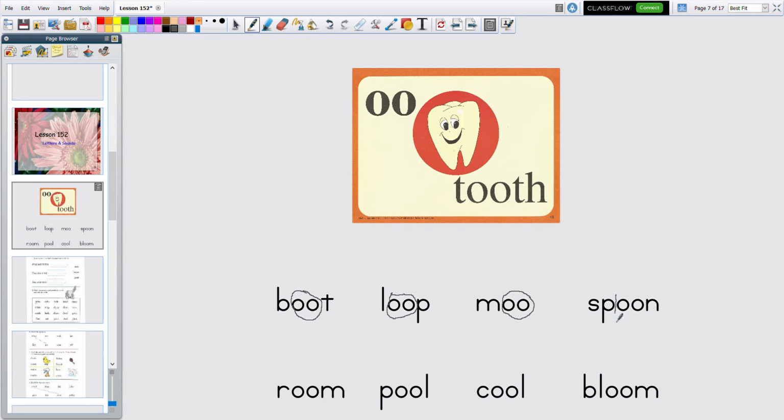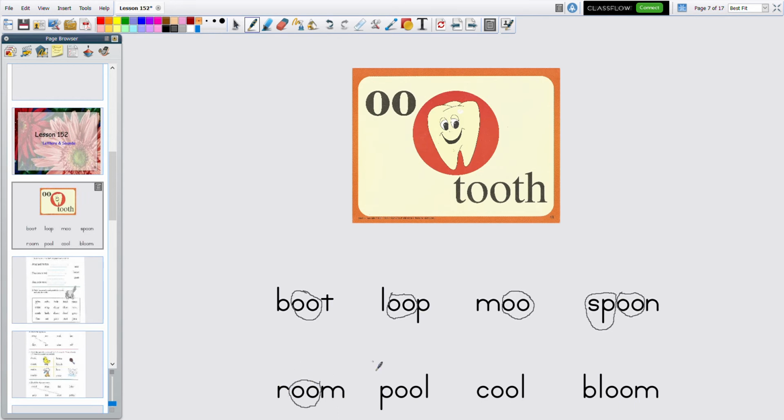Here we have two special sounds. Do you remember this one? Sp in spade, SP, and the oo in tooth, our new one. So now let's read it. Spoon, spoon. Let's go down to the next row of words. Circling. I don't see any other special sounds besides this one. So remember, it says oo.